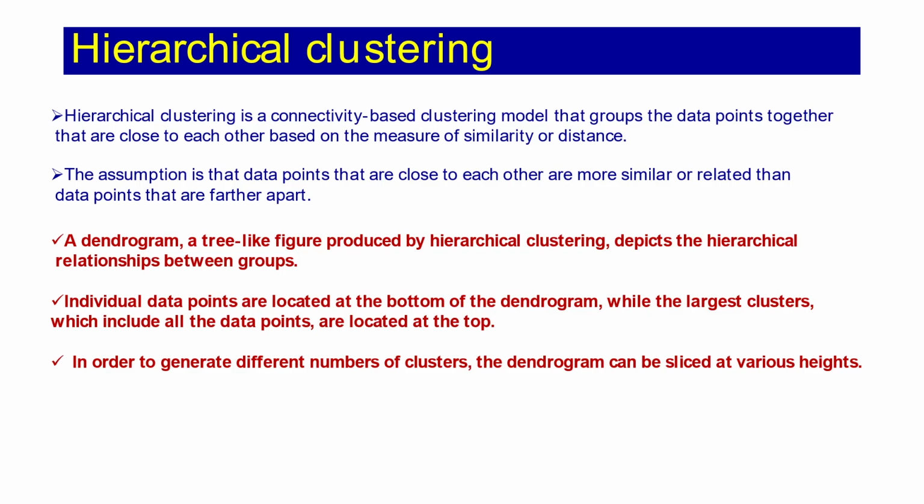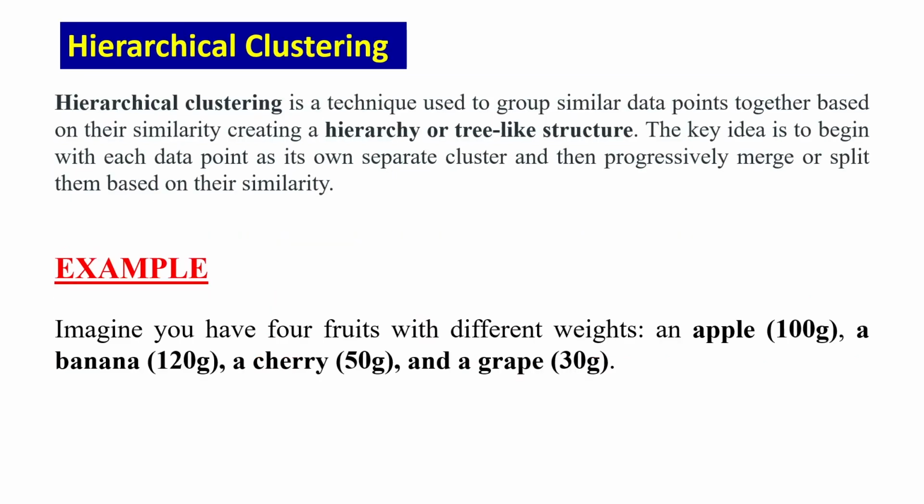And you have to generate different types of clusters. The dendrogram can be sliced at different heights. First of all, hierarchical clustering talks about a hierarchy of tree like structures. The key idea is to begin with each data point as its own separate cluster, and then progressively merge or split based on their similarity.